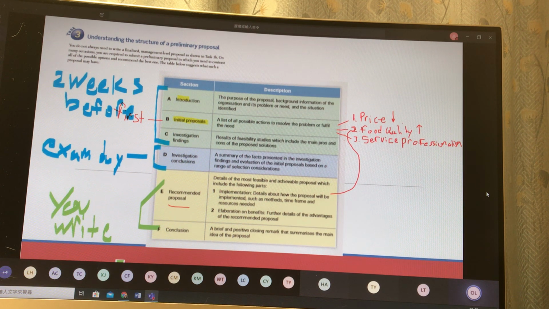So you will write the recommended proposal, including implementation details and elaboration on benefits, and a conclusion. Okay? So that is what you are responsible for writing on the day of the exam. Any questions about that? Please message me in the Telegram group right now if you have any questions about that.